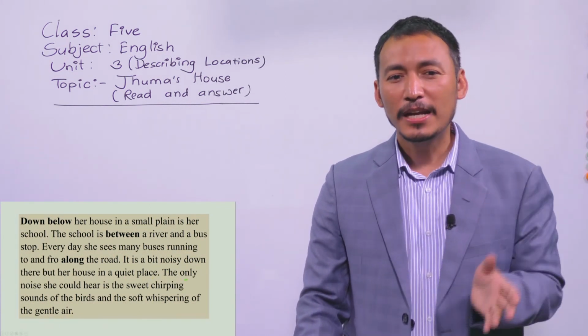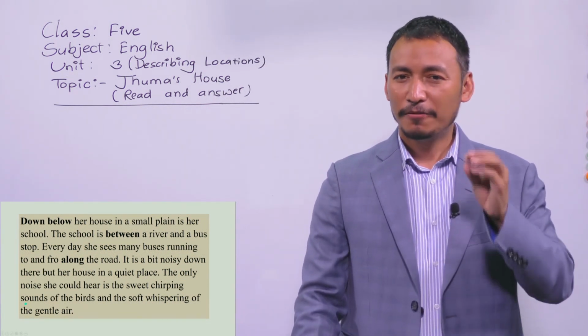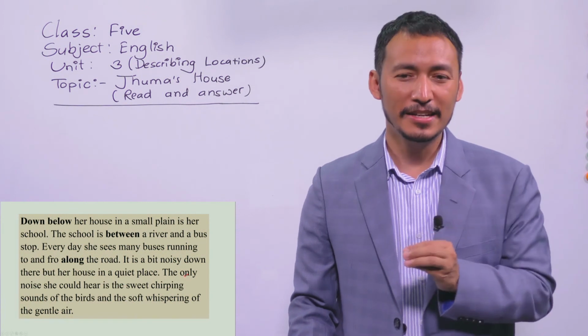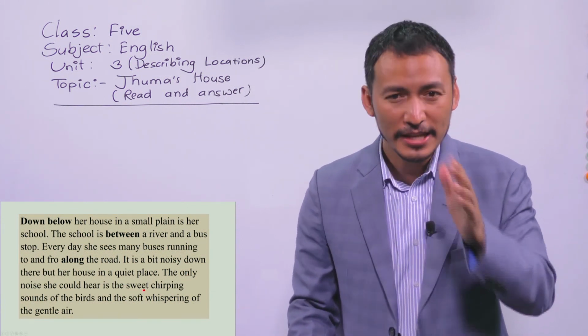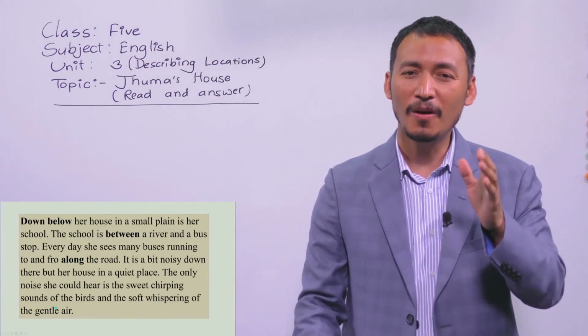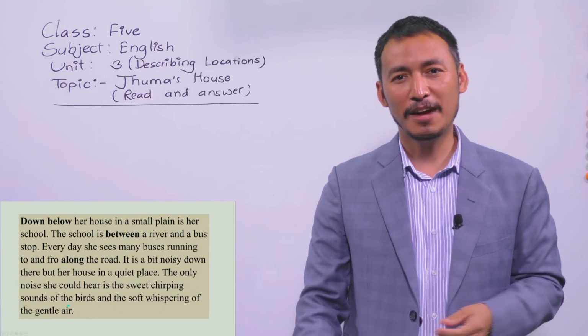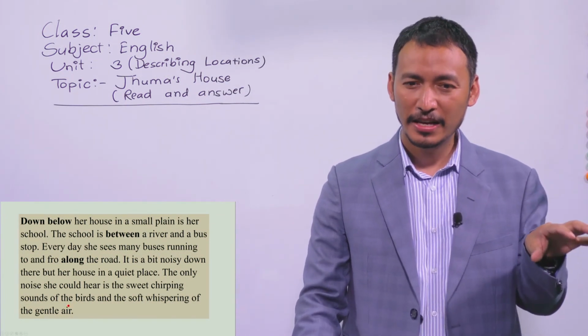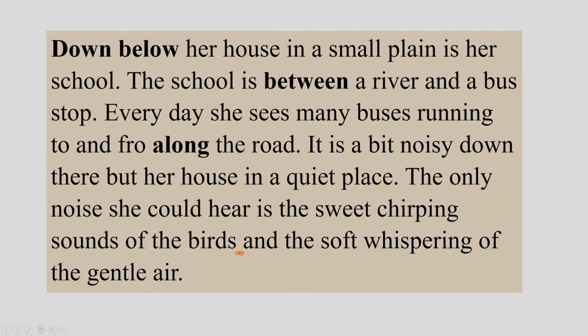So the only noise she could hear is the sweet chirping sounds. From her house, she only hears the sounds of what? Sweet chirping sounds of birds. So birds are making sounds nearby her house, and there is no noise from the vehicles or buses there.